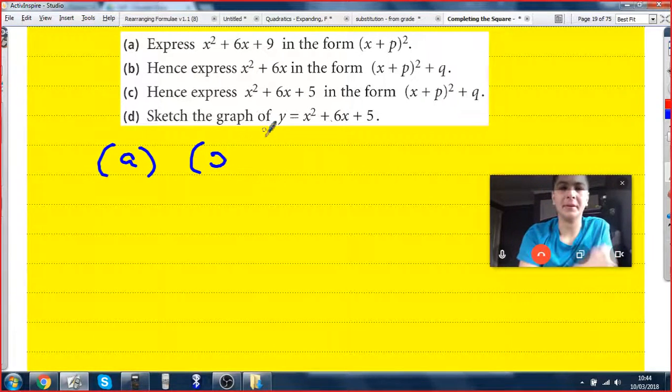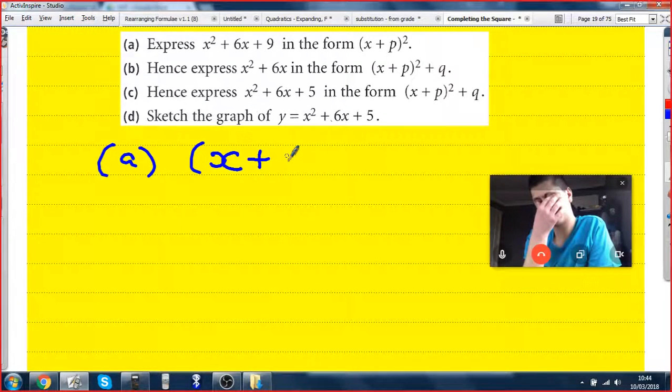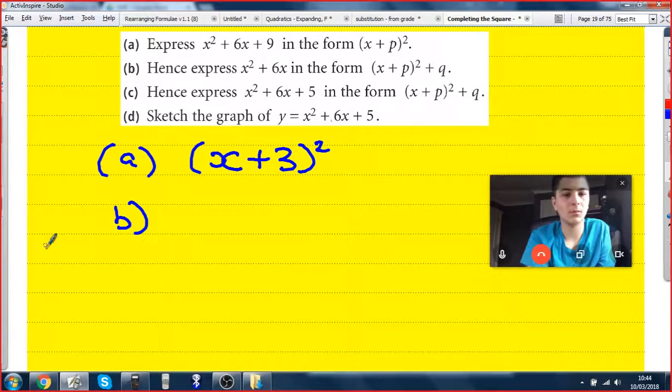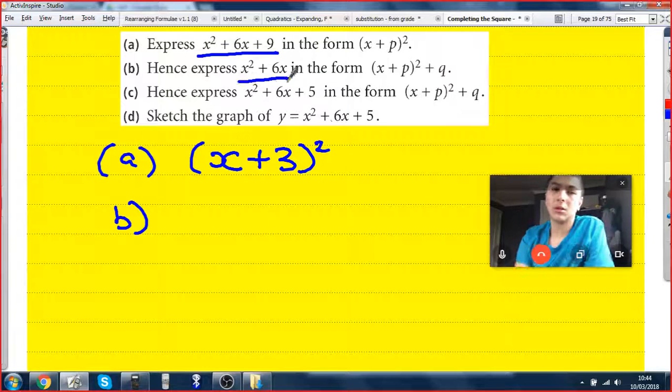What's the difference between A and B? I need to add q. So if you look at the start bit, there's no plus 9. Yeah.